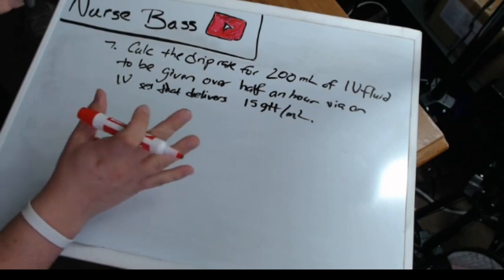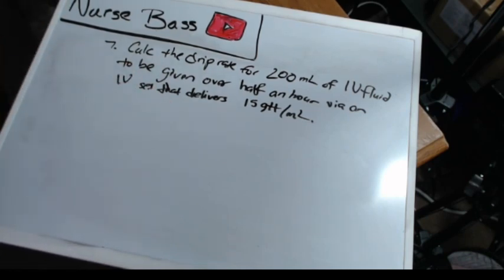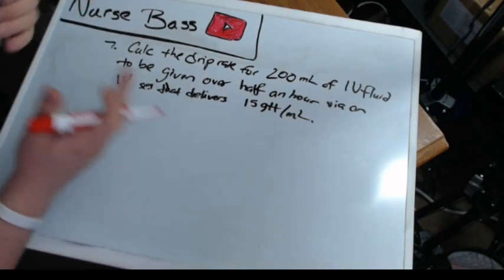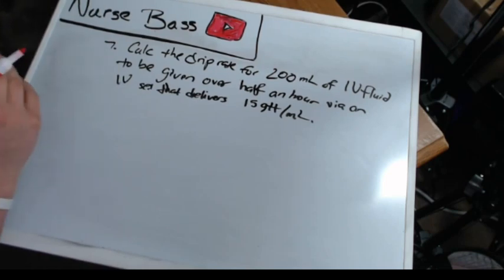So calculate the drip rate for 200 milliliters of fluid to be given through an IV set that has 15 drops per milliliter. So think about it.